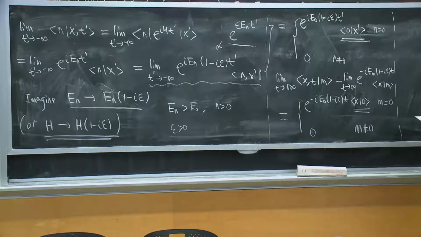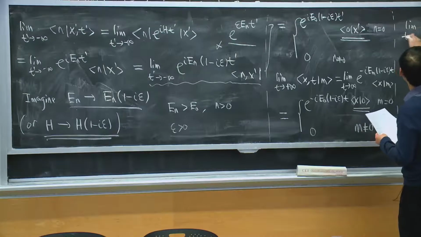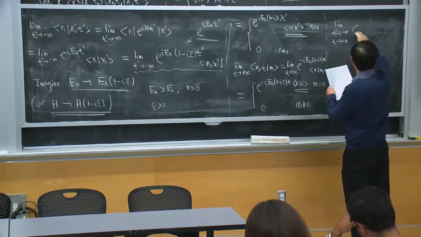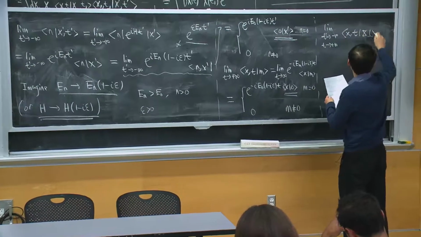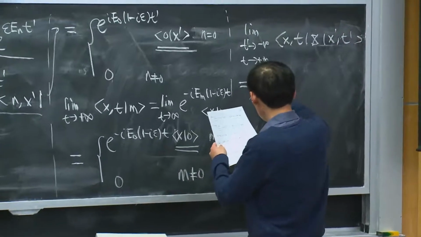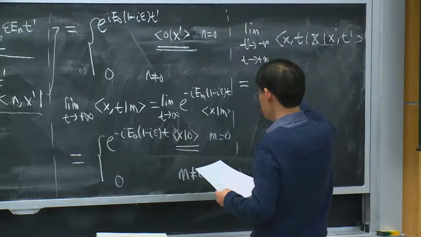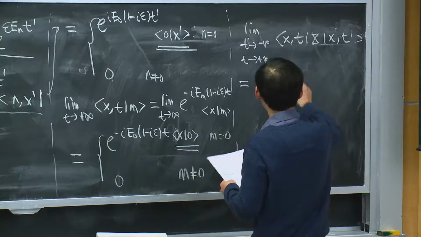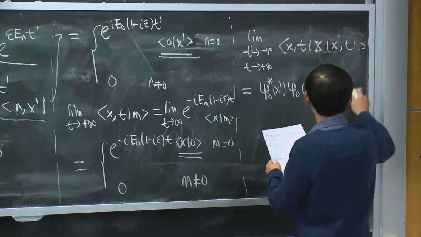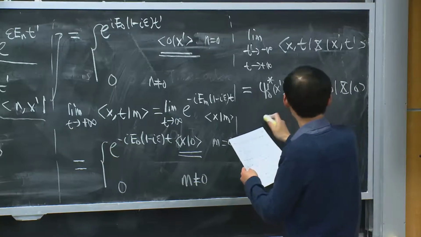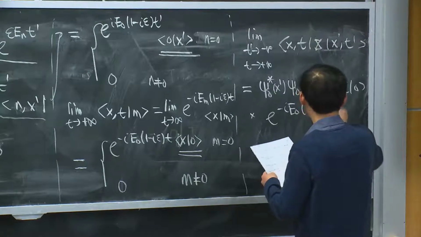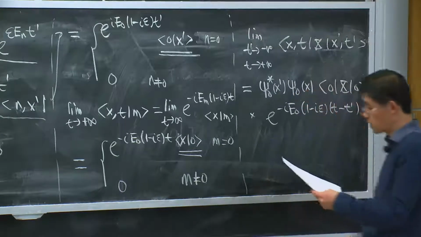So now we have the limit t prime goes to minus infinity and t goes to plus infinity of ⟨x,t|x prime,t prime⟩. This is equal to the ground state wave function star at x prime, times the ground state wave function at x, and then you have this phase factor, with everything else going to 0.